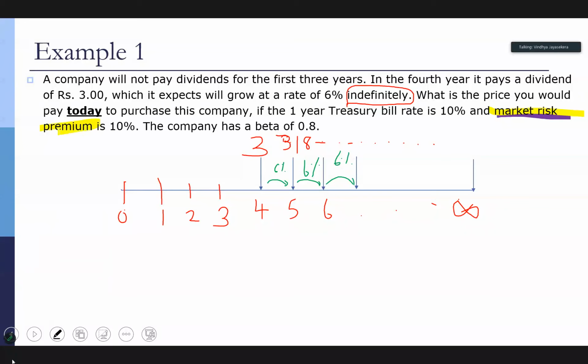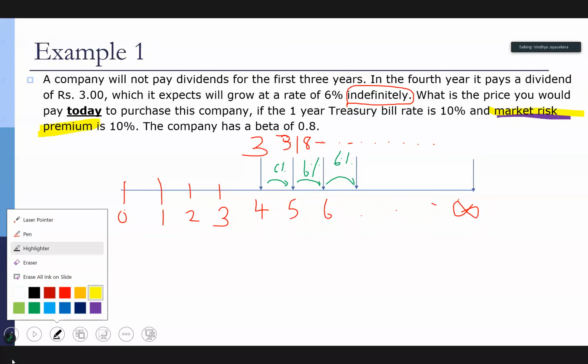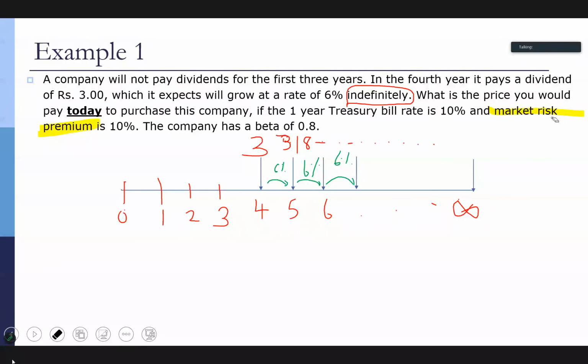Is that RM or RM minus RF? RM minus RF. Yes, RM minus RF. So yes, it's RM minus RF, right?